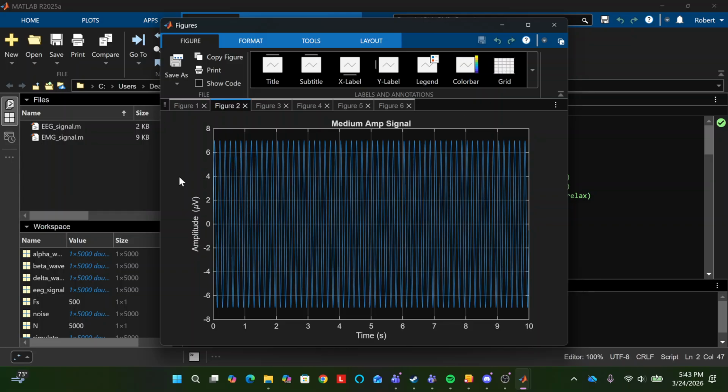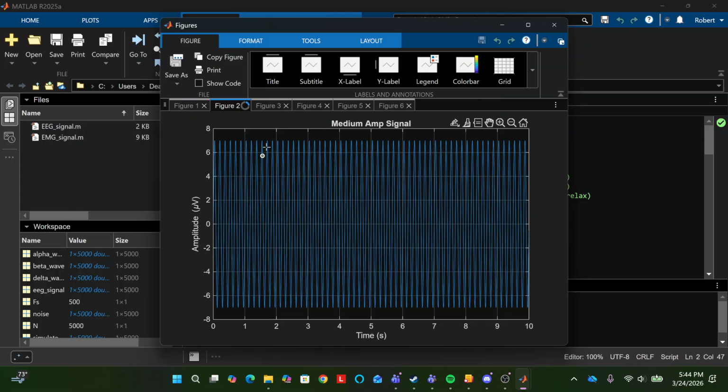Then we have our medium amplitude, which is drowsiness, a little bit tighter, as you can see. But if we look at this, it's a little bit tighter, right? So we're looking at, okay, 1.3 to 1.7.